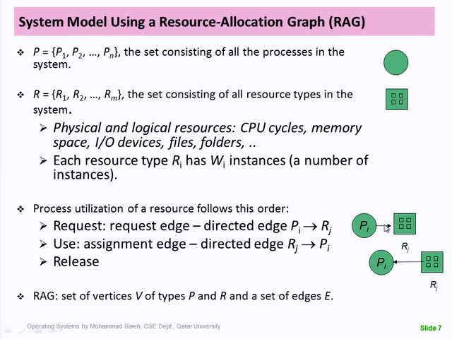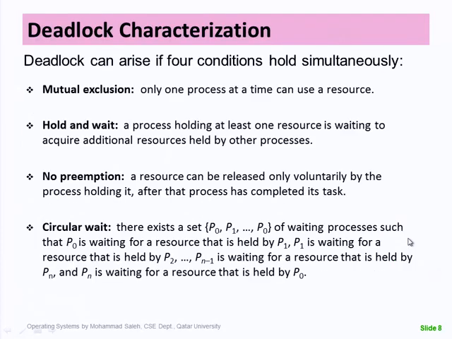The number on top of the arrow indicates the number of instances of a particular resource type requested by a process. So if I have 2 here, it means Pi is requesting 2 instances of resource Rj. We will show examples of the resource allocation graph, but that's the terminology for it.